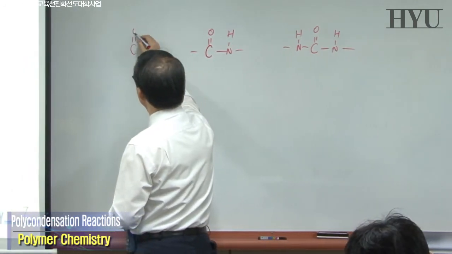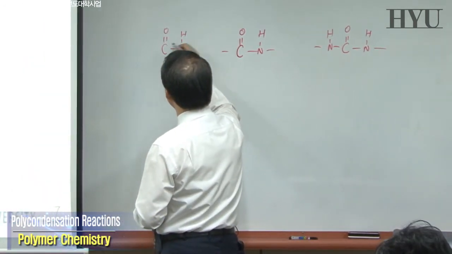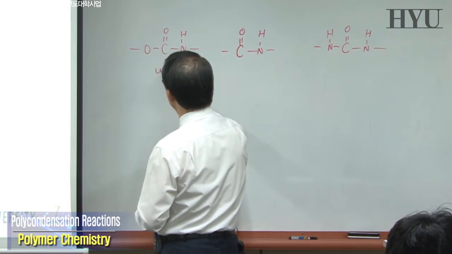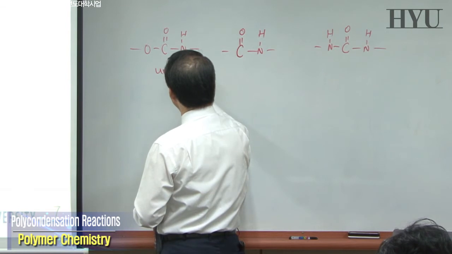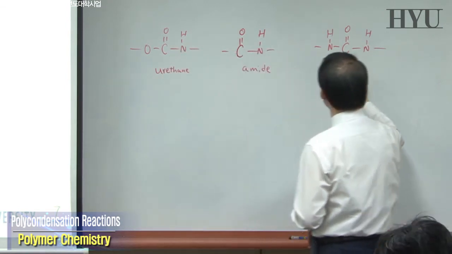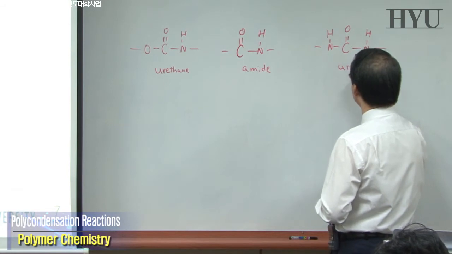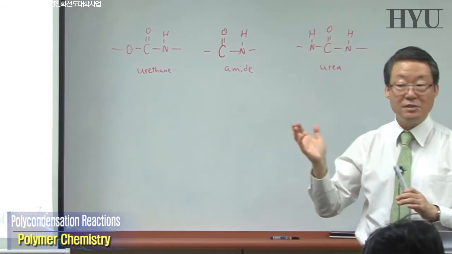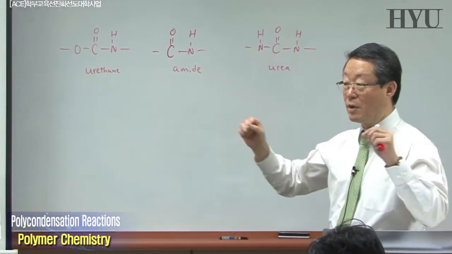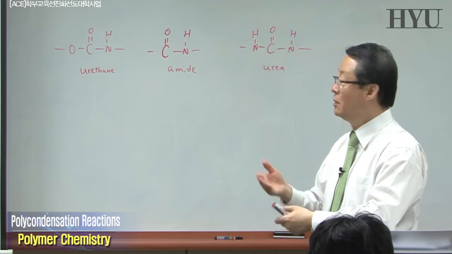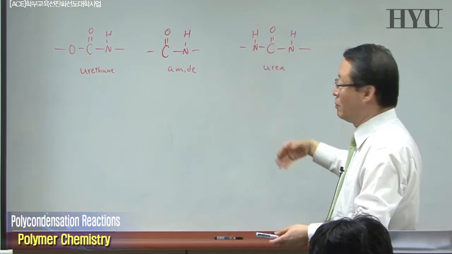If you have amide and ether here, we call this a urethane. Okay, so if you have these functional groups in your polymeric units, you can just put polyurethane, polyamide, polyurea.